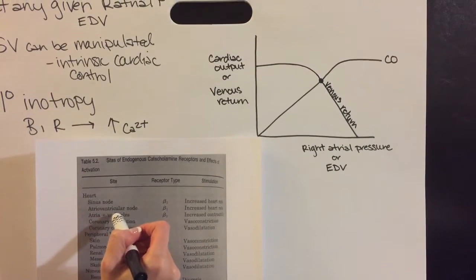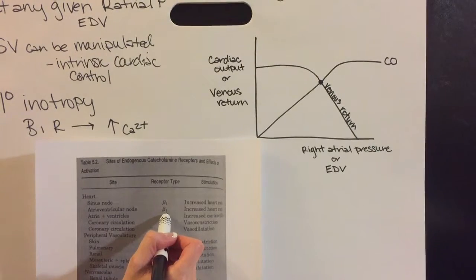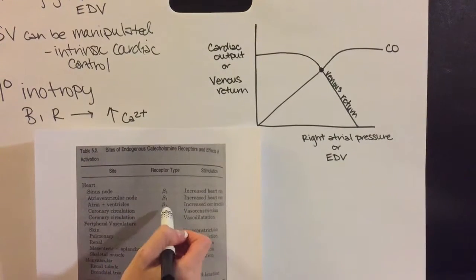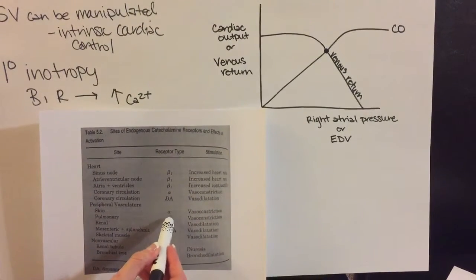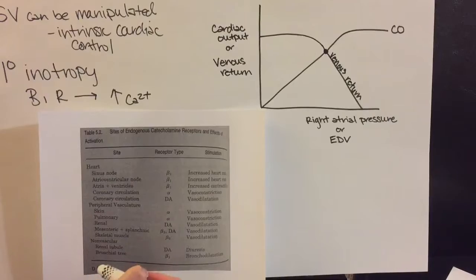Our AV node is also under beta-1 control, atria and ventricles are beta-1, whereas the periphery is primarily under alpha with some beta-2 control.